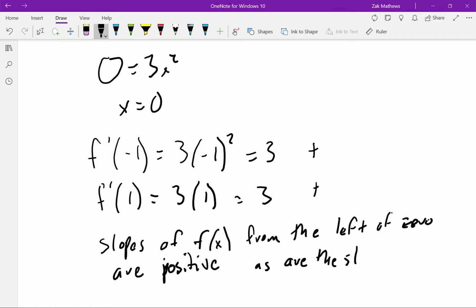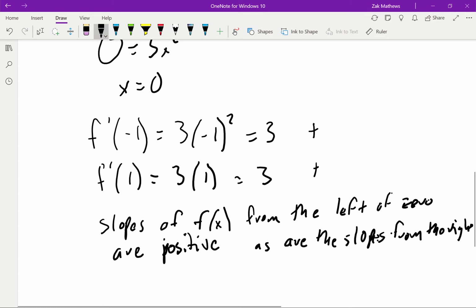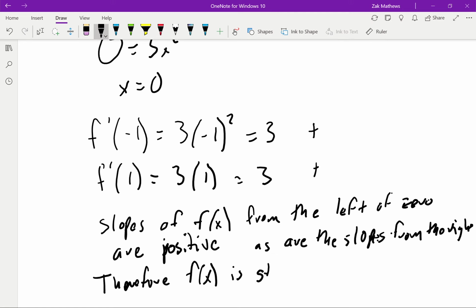From the left of 0 positive, as are the slopes from the right. Therefore, f of x is strictly increasing, except for at x equals 0.